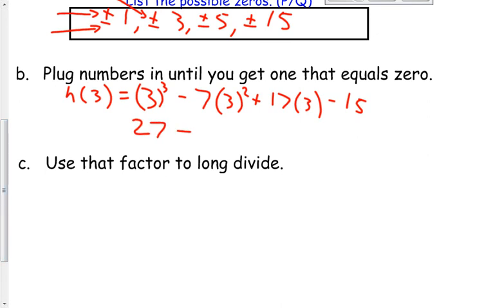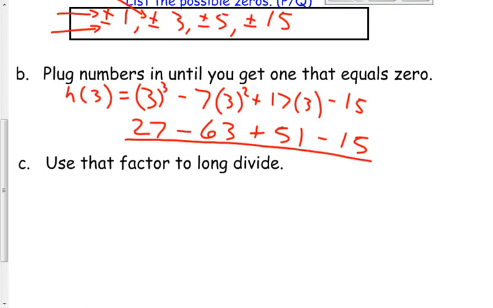Minus 3 squared is 9. And 9 times negative 7 is a negative 63. 17 times 3 is 51. And then subtract 15. So now when you do this, 27 minus 63 plus 51 minus 15, you get a 0. So h of 3 equals 0.